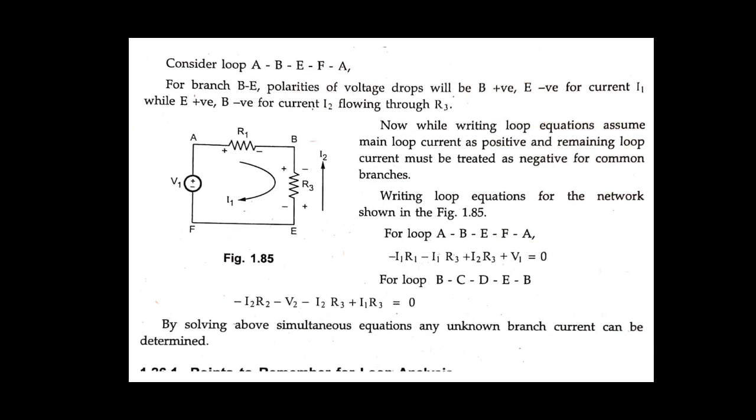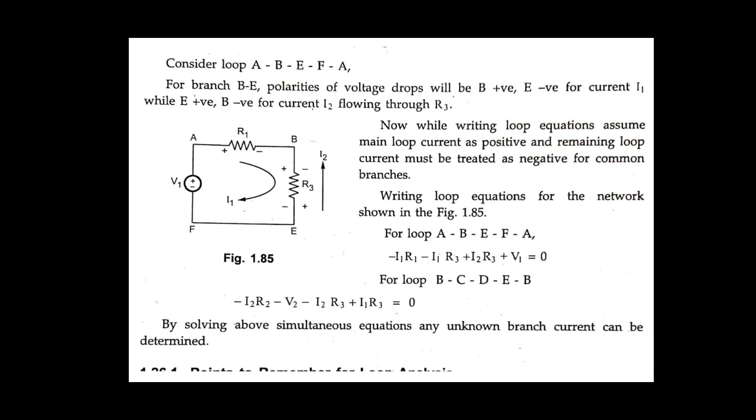The next term is positive here. Why is it positive? Because the current I2 is flowing from E to B and the polarity of the voltage drop is from positive to negative. So that's why it is I2 into R3, and the fourth term is plus V1.